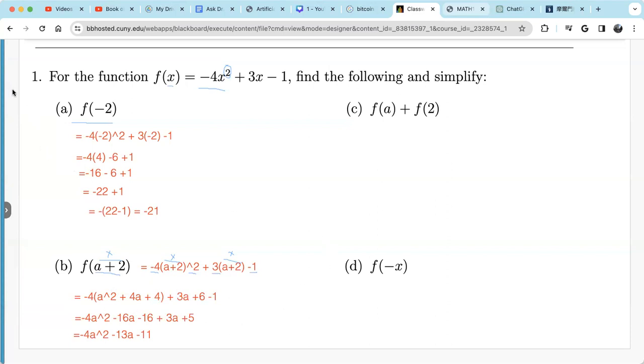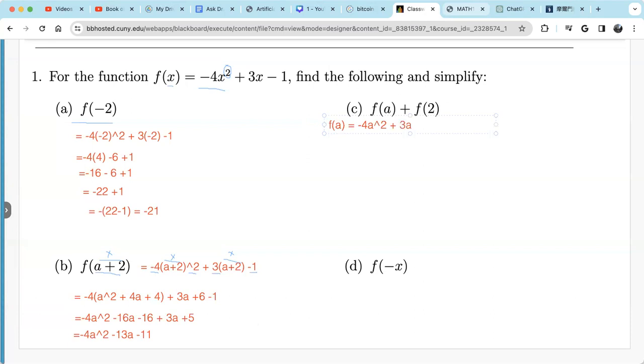Let's go to C. F of a plus f of 2. So let's just evaluate f of a first. The input is a now, so every place of x just changes to be a.